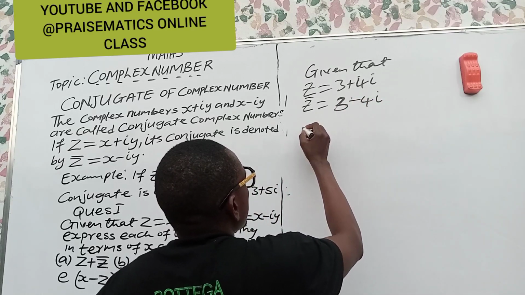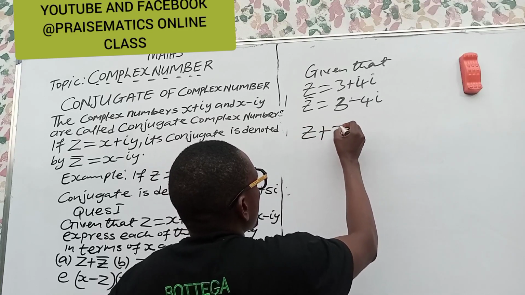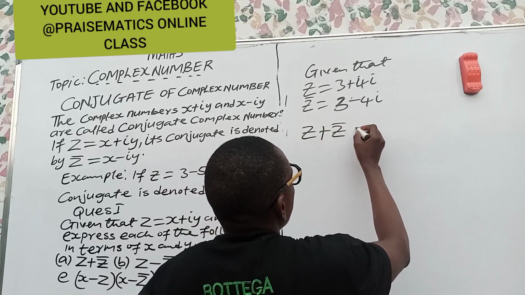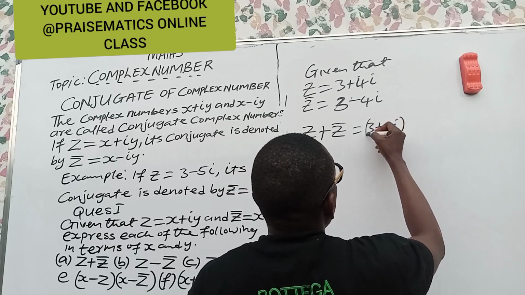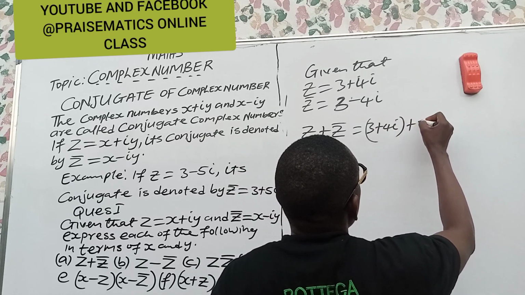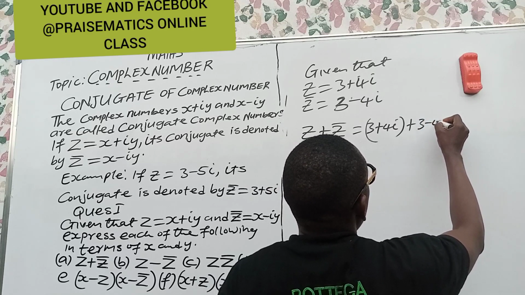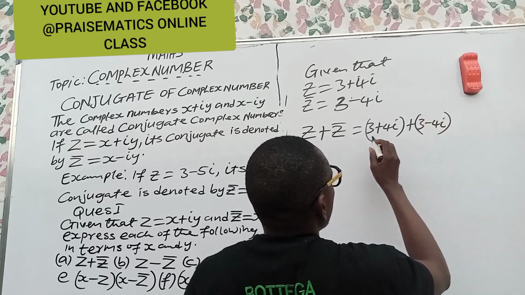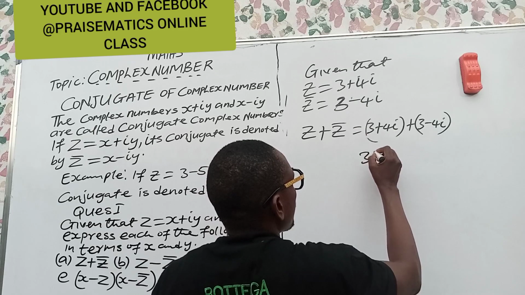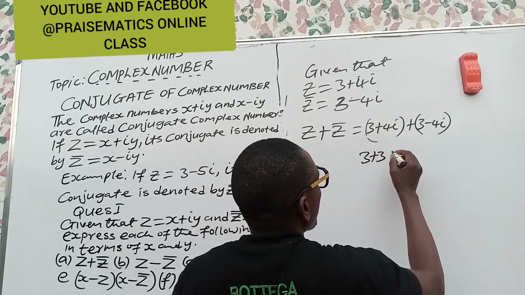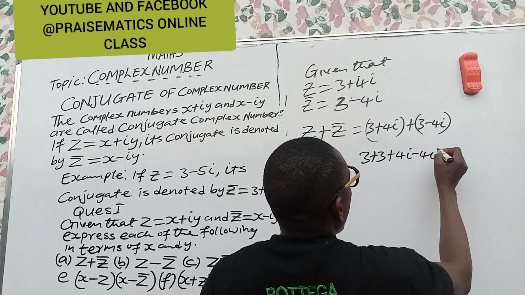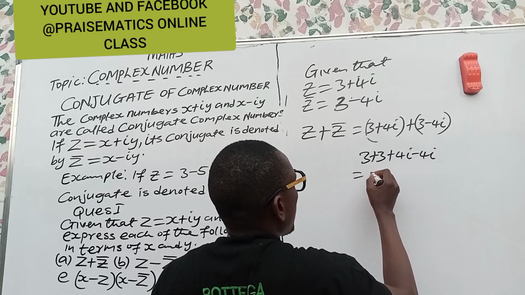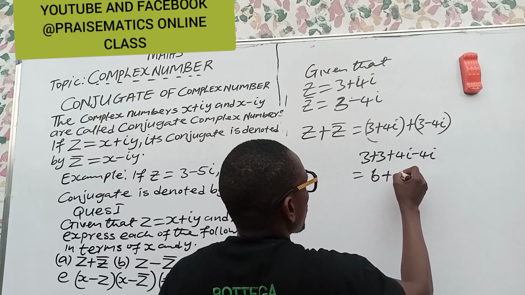Now let's look at z plus z bar. What does it mean? This means 3 plus 4i plus 3 minus 4i. How do we add them? 3 to 3, we have 3 plus 3. Now, plus 4i minus 4i. Finally, what do we have? We have 6 plus 0i.